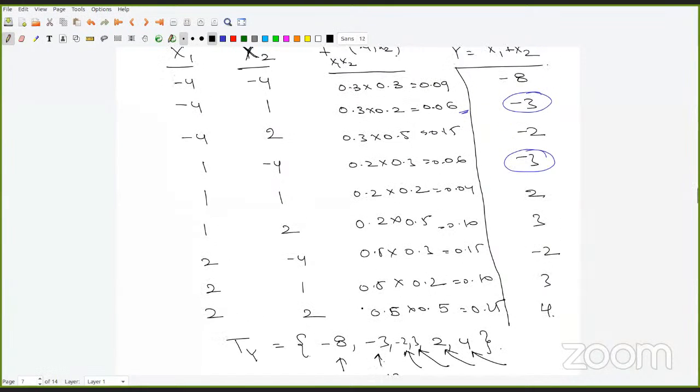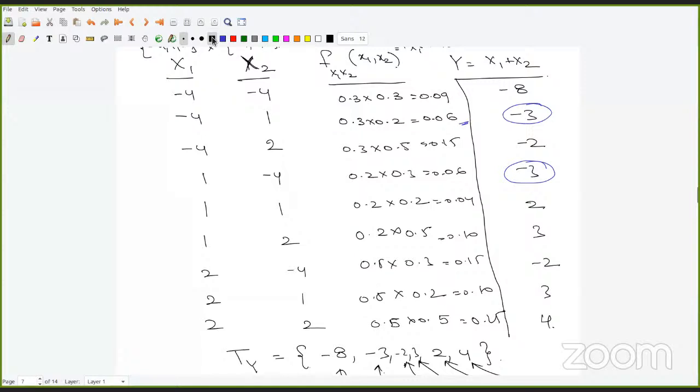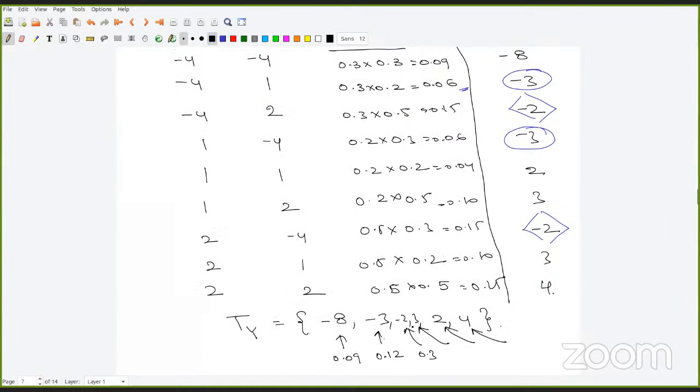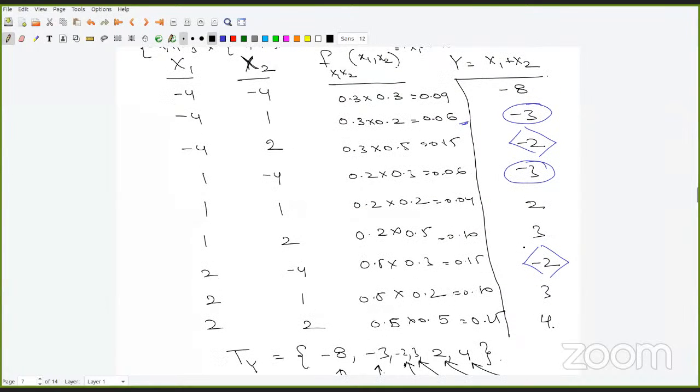Similarly, you can compute for -2, 3, 2, and 4. What is the probability that y takes -2? 0.15 plus 0.15, so this will be 0.3. For 3, there are two cases again: either x1 is 1 and x2 is 2, or x1 is 2 and x2 is 1.